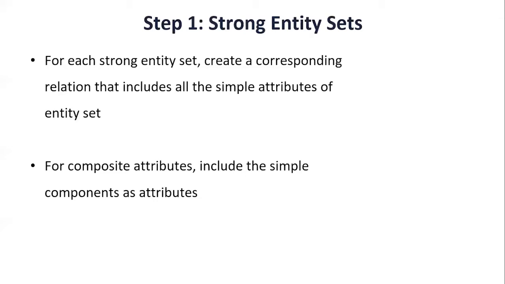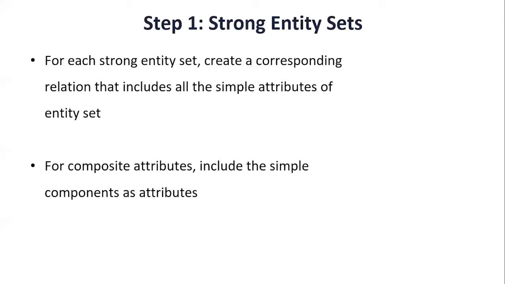And for any composite attributes, so again, if I remember what composite attributes are, the attributes that are made of subparts are known as composite attributes. For example, if we have a name for a person and if the name is composed of certain subparts like first name, last name, initials, and so on, we can consider it as a composite attribute.